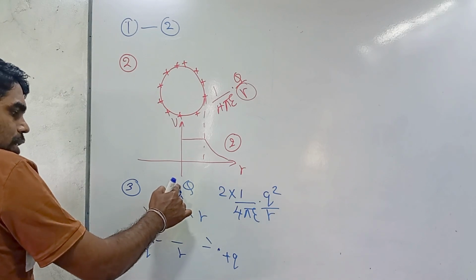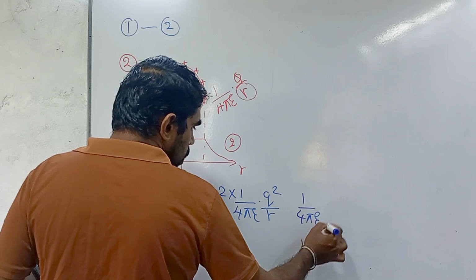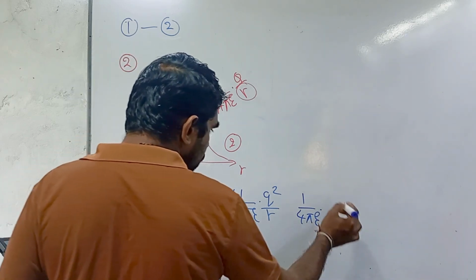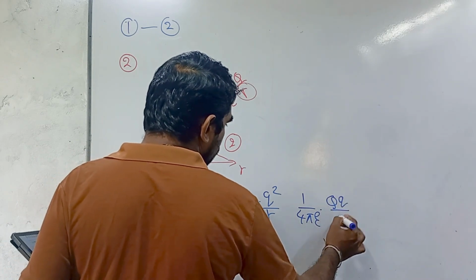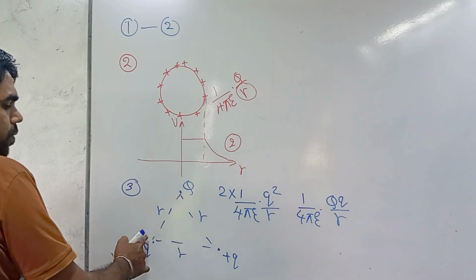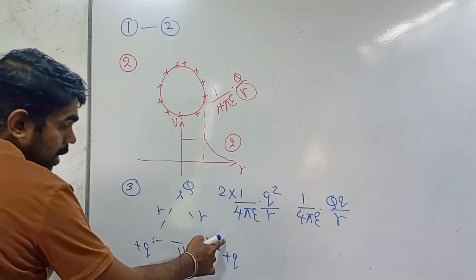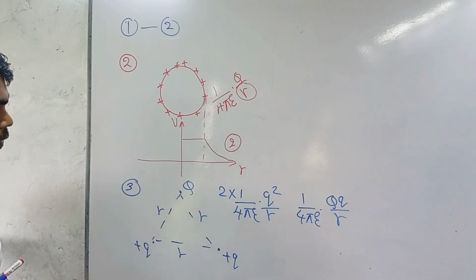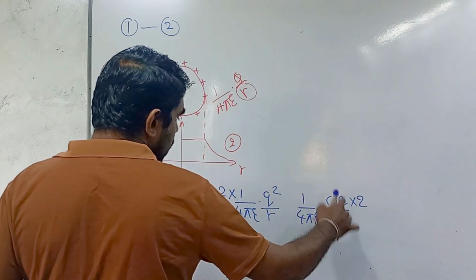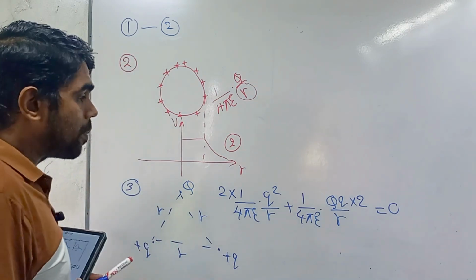The potential energy of this charge due to this one is 1/4 pi epsilon naught, capital Q times q over r. There is the same potential for this one due to this charge and this one due to this charge. Therefore, there are 4 potential values like this. The sum is 0. Then we can find the capital Q value.